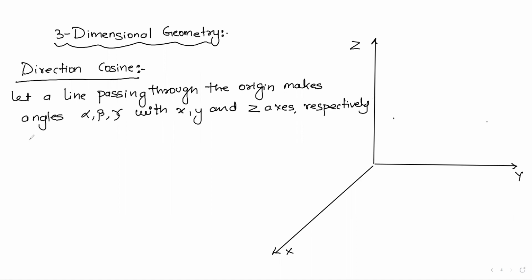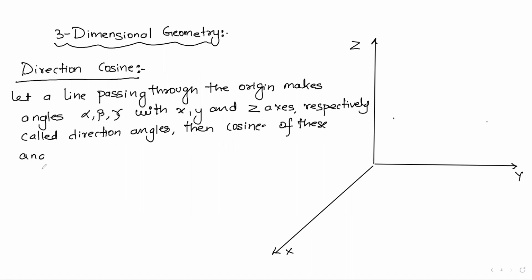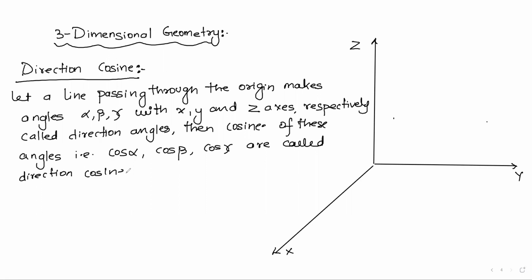These angles are called direction angles. The cosines of these angles, that is cos alpha, cos beta, cos gamma, are called direction cosines of the line.